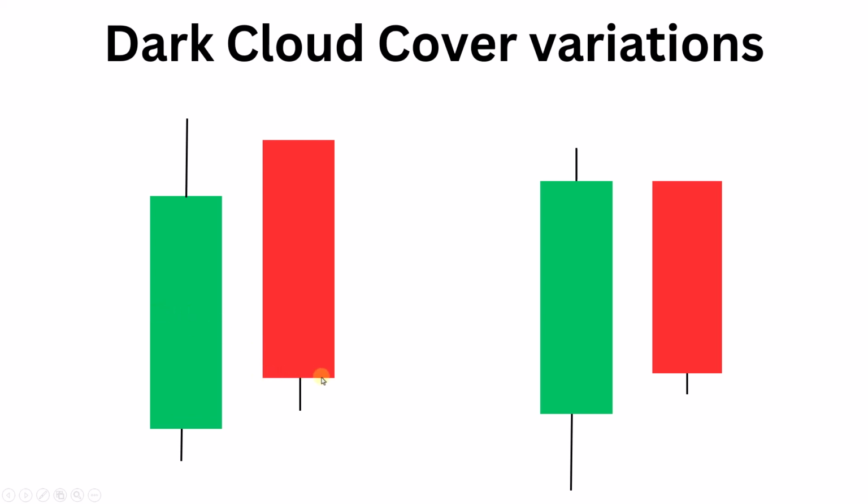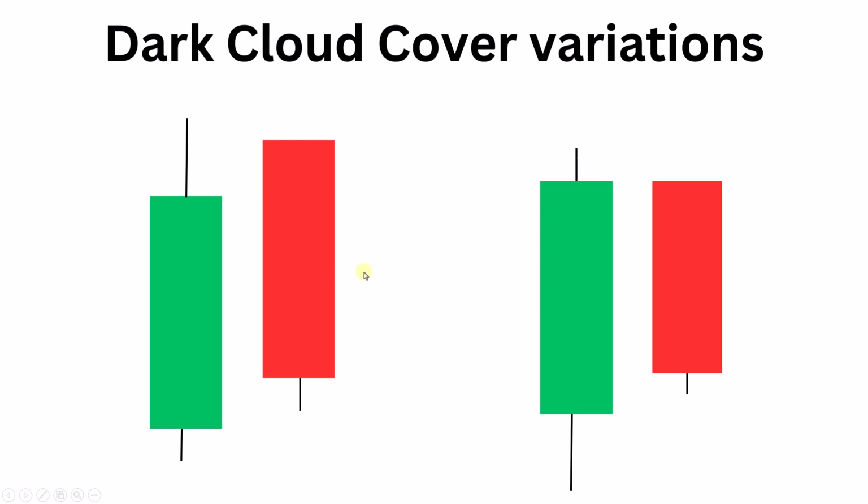And that is what is more important to us. We want the close below the midpoint of the green candle. The wicks are of no concern to us, so we are not worried about them. The close must be below the midpoint of the green candle. So this is an acceptable dark cloud cover.